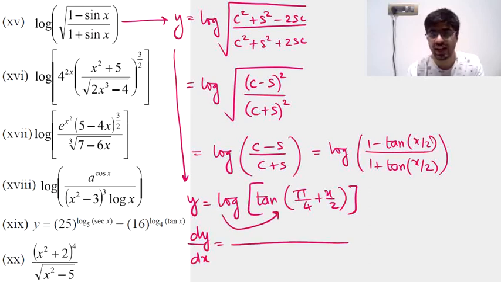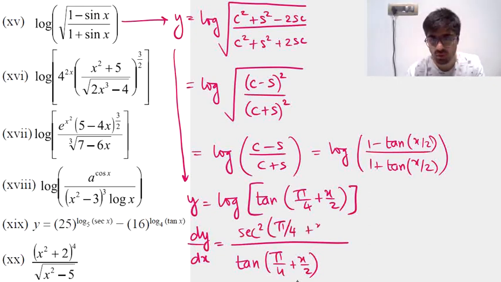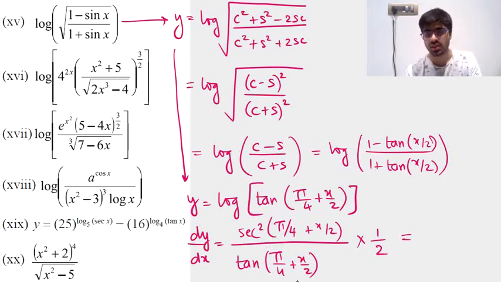So log of tan, that will give you 1 upon tan pi by 4 plus x by 2. Then there will be sec square pi by 4 plus x by 2 into the derivative of pi by 4 plus x by 2, which is 1 by 2. Sec square, consider this as theta for the time being. So sec square theta upon tan theta, you simplify that, you get 1 upon sine theta cos theta.